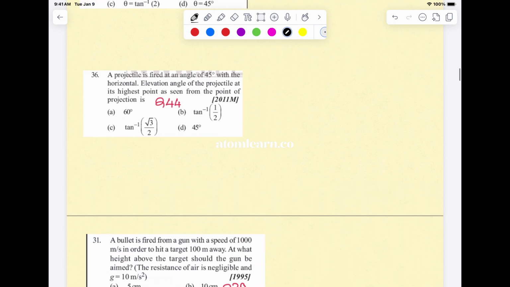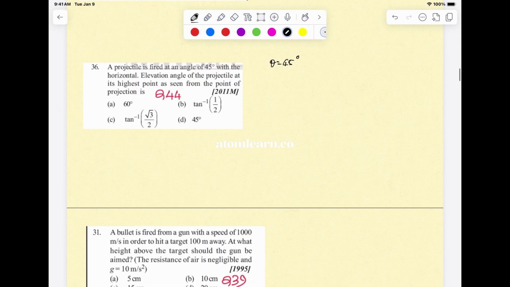Okay, let's go to the next question. A projectile is fired at an angle of 45 degrees, therefore theta equals 45 degrees, with the horizontal. Then the elevation angle of the projectile at the highest point as seen from the point of projection is. Now imagine the concept.